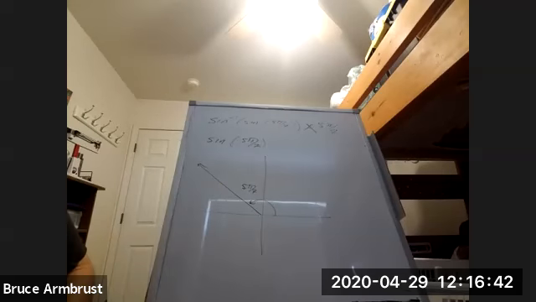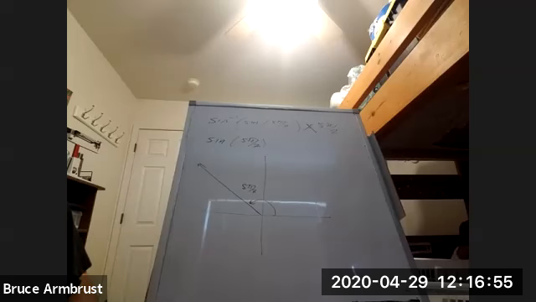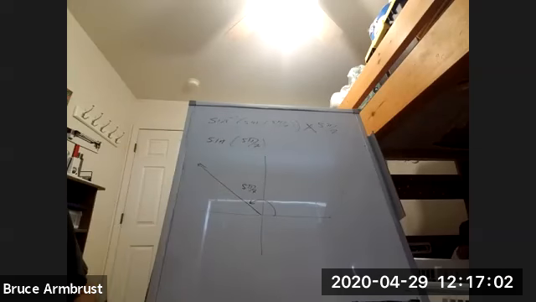So basically what we have to do here is think about what angle in the first or fourth quadrant has the same sine value. So let's do this. Let's kind of slow down a bit. Sine of 5 pi over 7, is that going to be positive or negative?